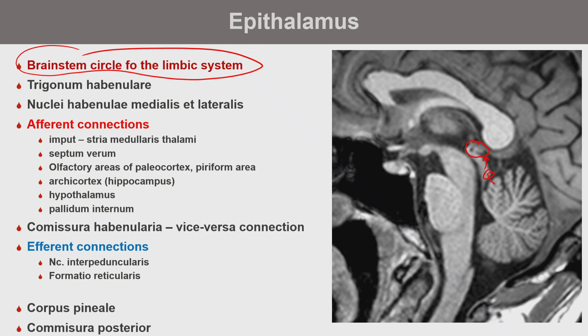Because of olfaction, the olfactory system is the only one which has no brainstem relay, but it is a very important function which has to be transmitted, or the information has to be transmitted into the brainstem. This is a part of the diencephalon. Through it, this information is going into the brainstem.